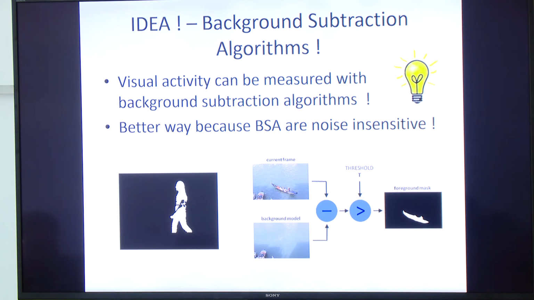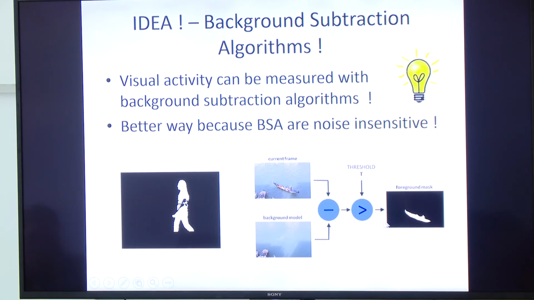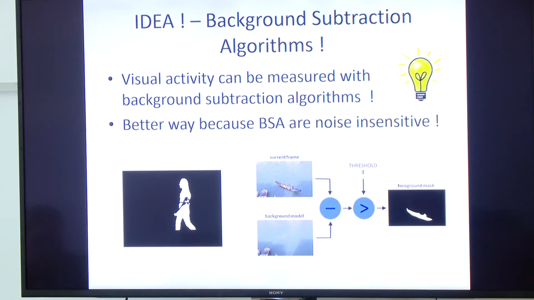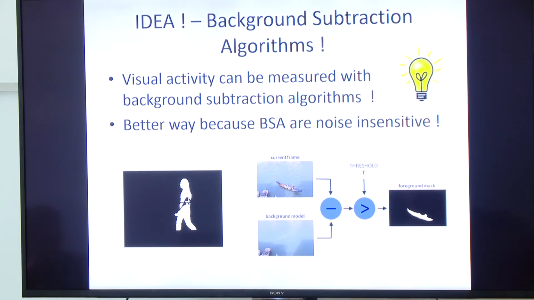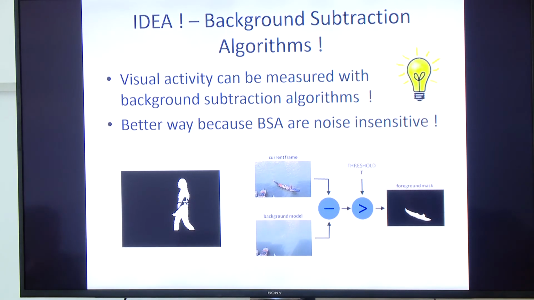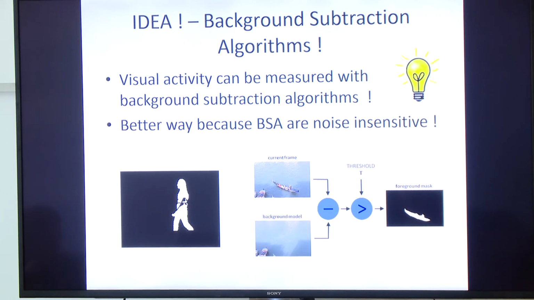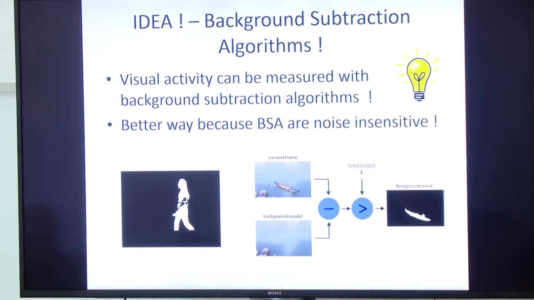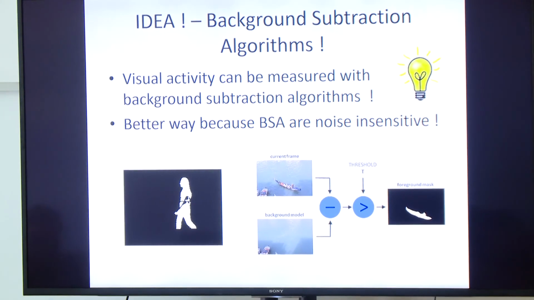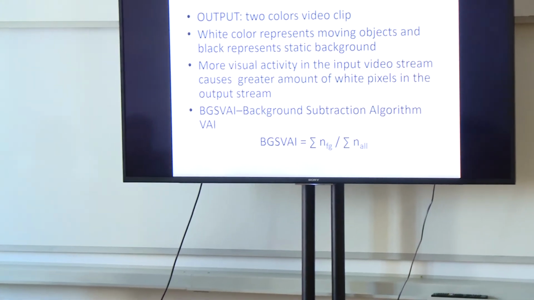You use them to find a person or a burglar walking on your property. That's the main reason why we use them. So these algorithms are insensitive to noise and to leaves in the wind. So it's a good idea to use them to measure visual activity.